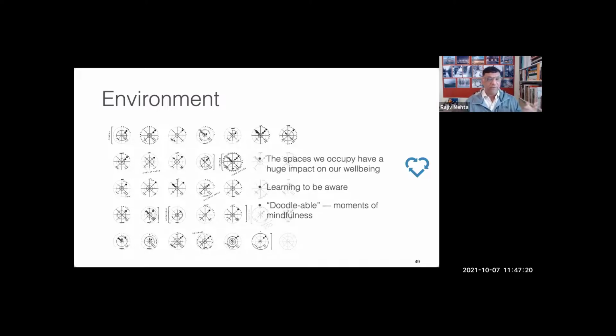You probably want dim lighting. And on the other hand, if you're out there dancing, if that's allowed in this post-COVID world, you probably don't want the music to be soft. So is this environment appropriate for what you're trying to do? And we also designed this thing. I know it looks weird, like ancient hieroglyphics or something, but it's designed to be doodleable. So you can take a moment of meditation about your space anytime you want.